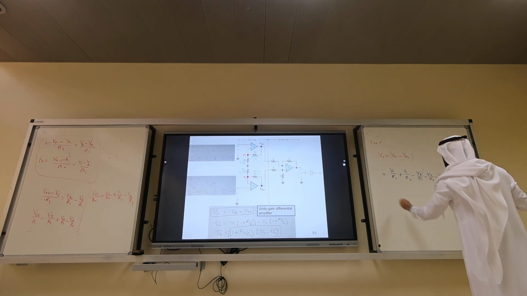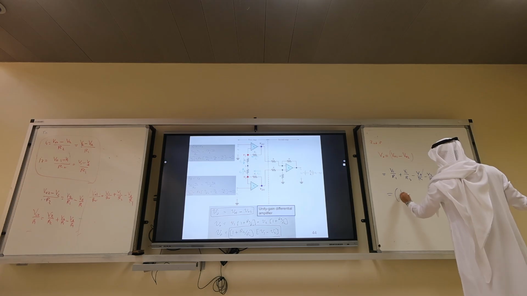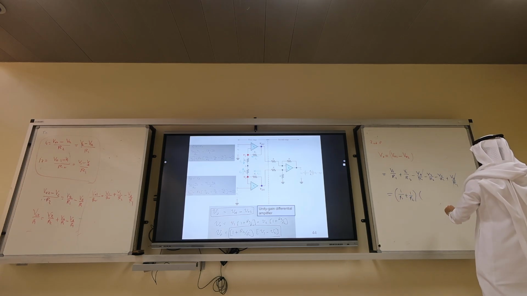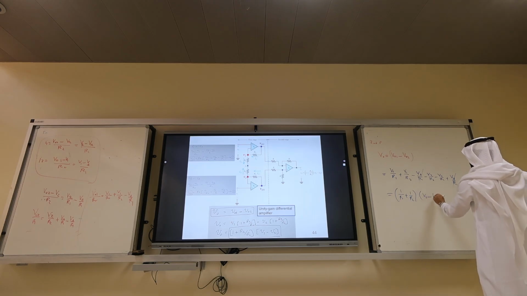The VAs will cancel, and then you will have 1 over R1 plus 1 over R2 times V1 minus V2.